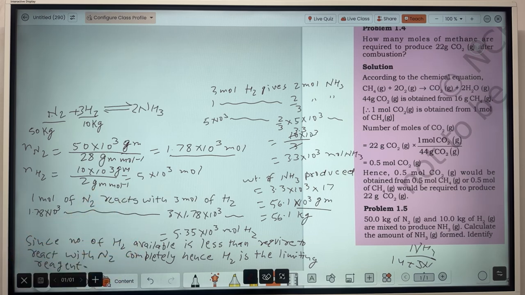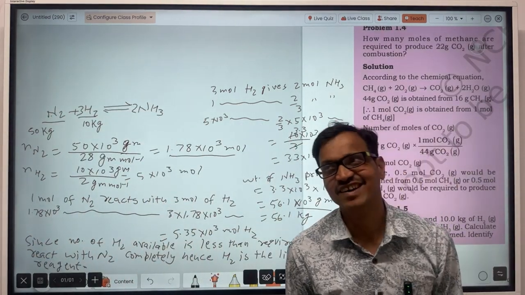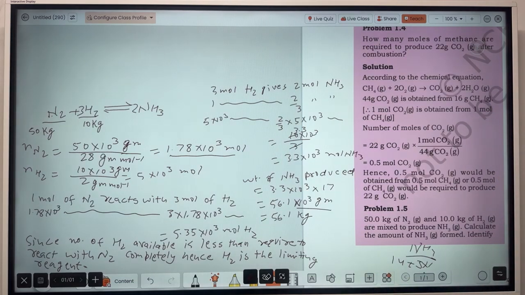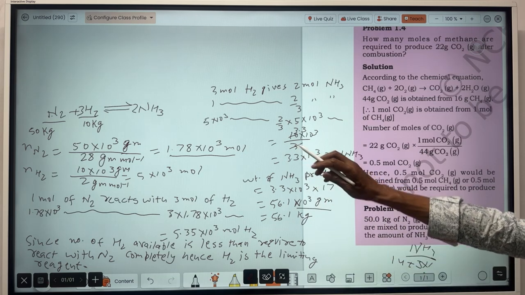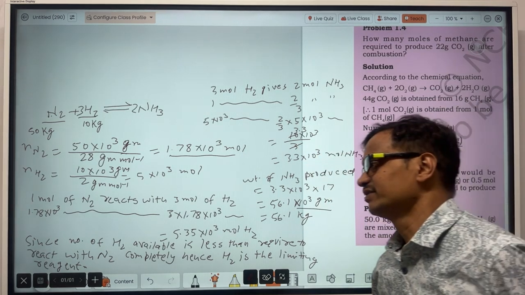How much nitrogen will be unreacted? Next question. The one above is sufficient for your 11th class, but when you appear in the complete examination, the question may ask how much nitrogen will be unreacted. During this reaction, hydrogen will be completely consumed.